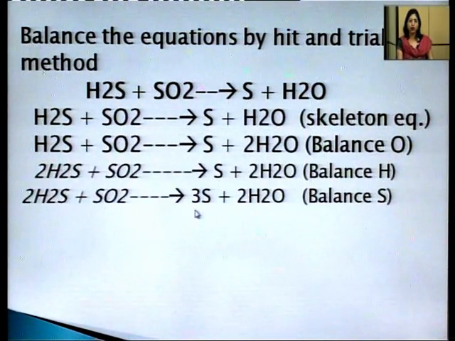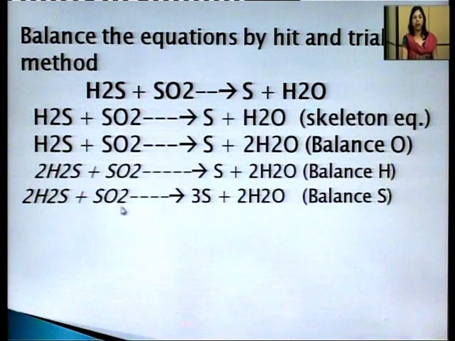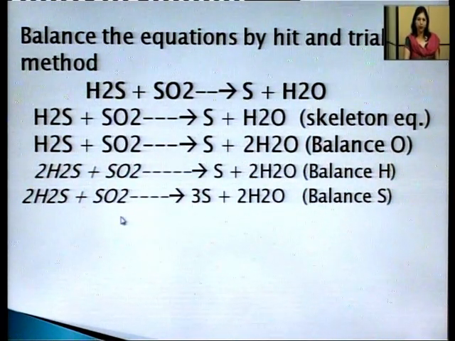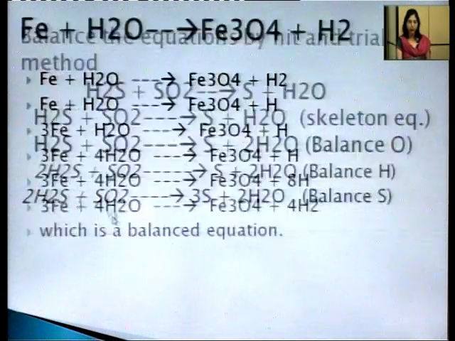So to balance sulfur, multiply it by 3. So now if we count all these atoms on both sides, they have been balanced. So this equation is called a balanced chemical equation. So we have balanced this equation by using the hit and trial method.